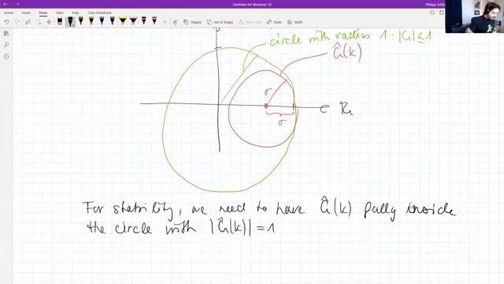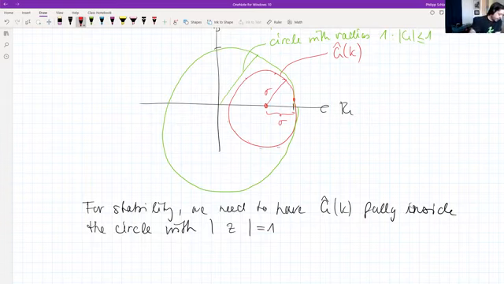Actually I don't need the g hat, it's just z. So the absolute value of z equals 1. If this is the case, then I know that the stability criterion is fulfilled for each k, because the parameterization of k that I have in my g hat of k is essentially along this circle here.